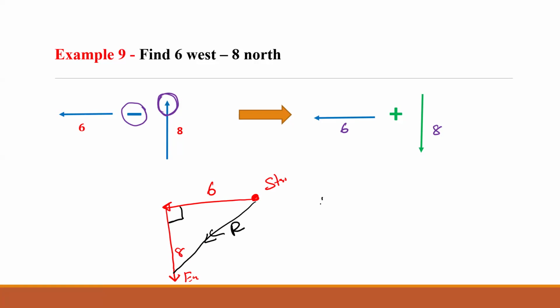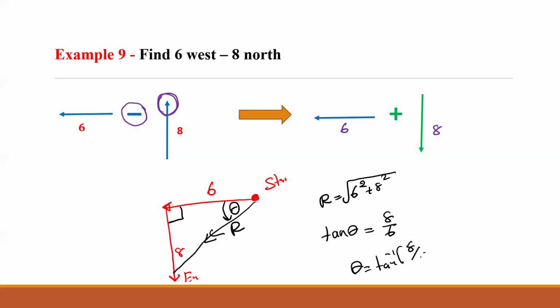The resultant is the square root of 6 squared plus 8 squared. You can find the angle theta, where tan theta is equal to opposite over adjacent, so theta is tan inverse of 8 over 6. So you can find the direction and also the magnitude. Are we good?